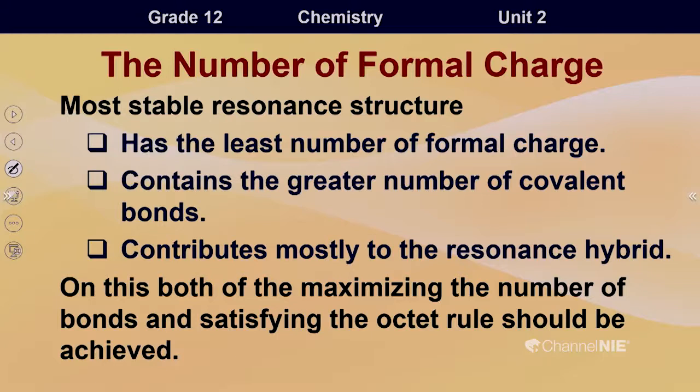It's very important. Both maximizing the number of bonds and satisfying the octet rule should be achieved. Those are the requirements you need to think about. Charges are there, so the charge has to be less.